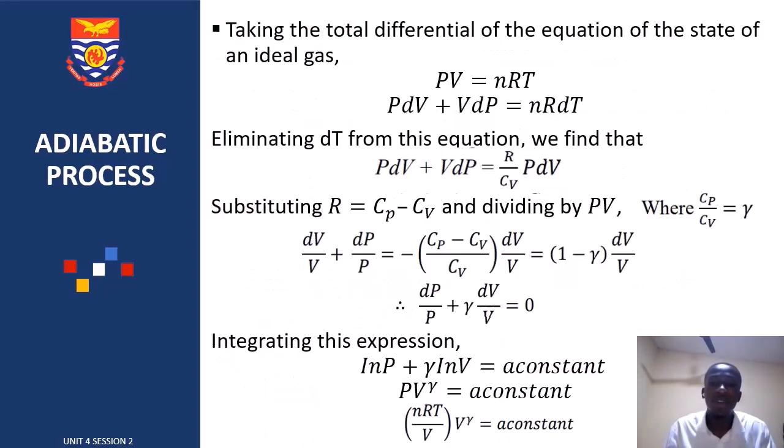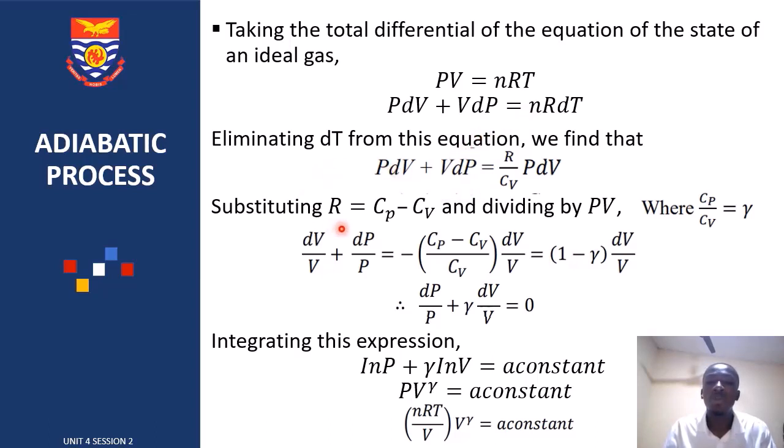Taking the total differential of the equation of state of an ideal gas, PV equals nRT, we are going to differentiate through so that we get P dV plus V dP equals nR dT. Now let's eliminate dT by bringing the dT that we already expressed in the previous slide into this expression.